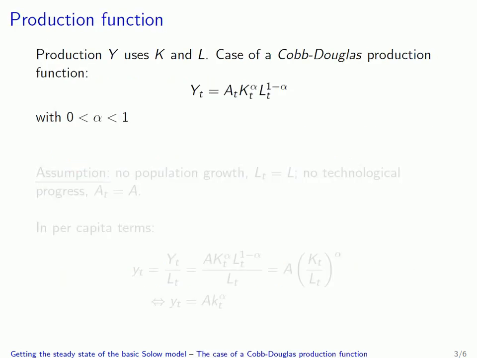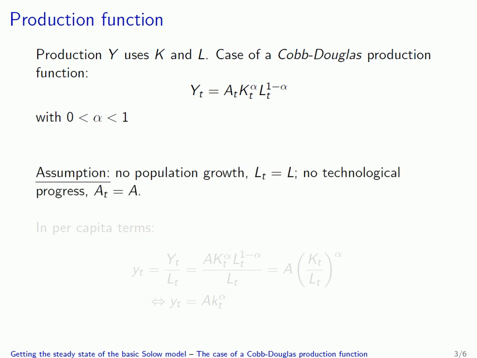First, I'm just giving you the formula of the Cobb-Douglas production function. Aggregate production, big Y, uses physical capital K and labor L. So production in period t, Y_t, is equal to A_t K_t^alpha L_t^(1 minus alpha), where A_t is a productivity factor.